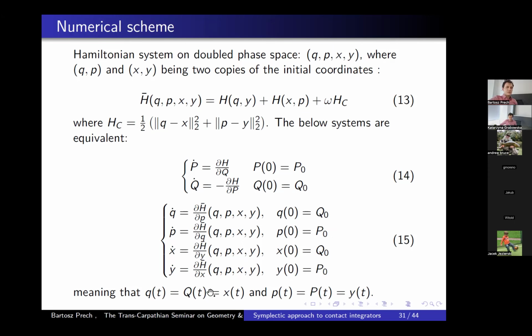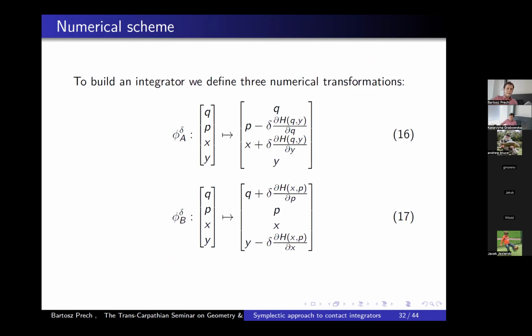What I mean is that they reproduce the original solutions Q and pi, if Q and pi were Hamiltonian coordinates given by equation 14. And yes, that's the numerical scheme that was applied in both examples. We construct an integrator by defining three transformations. I wouldn't like to call them flows, because a flow would be for an actual integration.